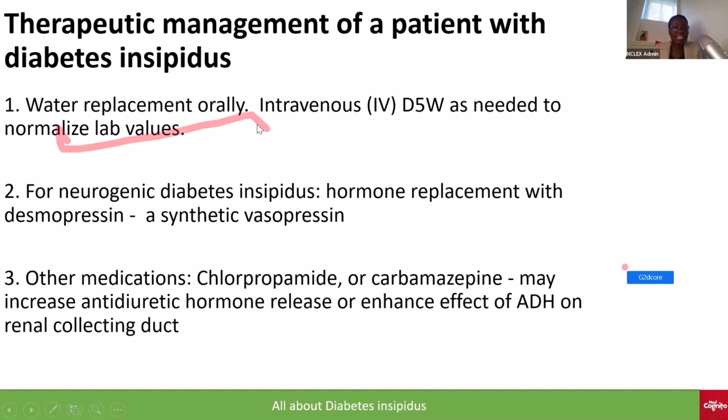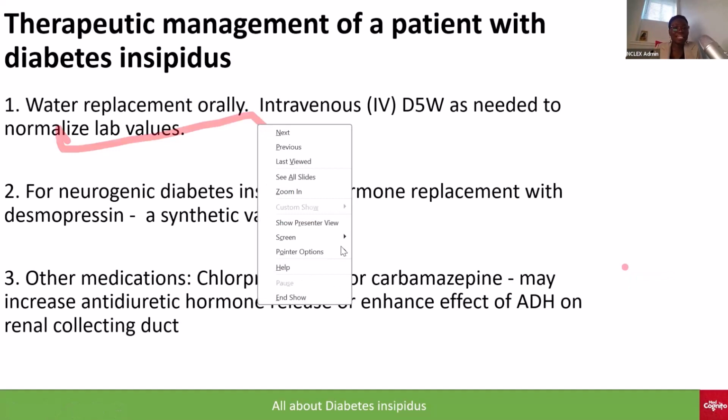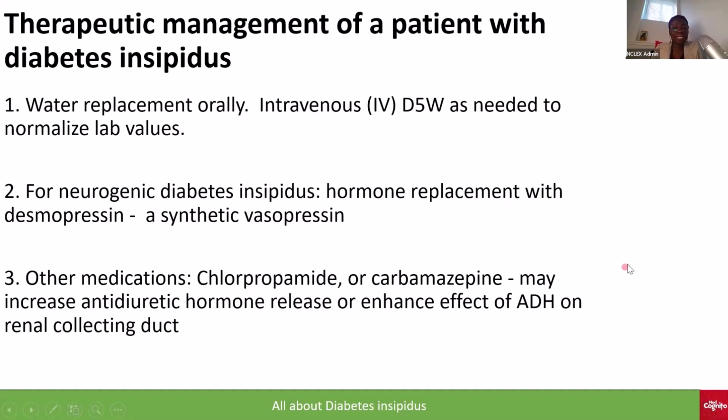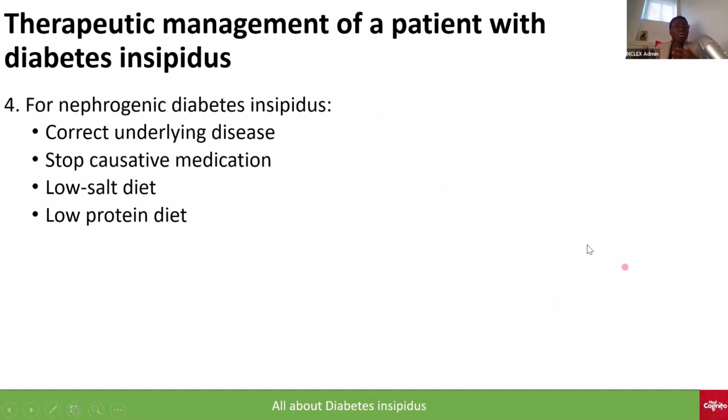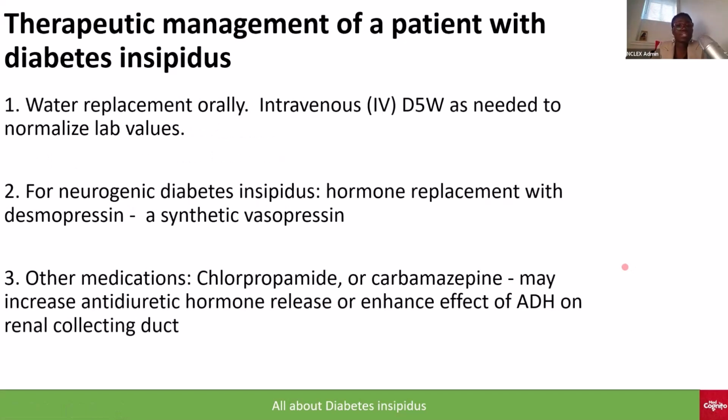In that case, what should happen? That client is supposed to be given more water. So water replacement orally, and sometimes intravenous dextrose is given as needed to help normalize the lab values. The client is dry inside, so give the client water.